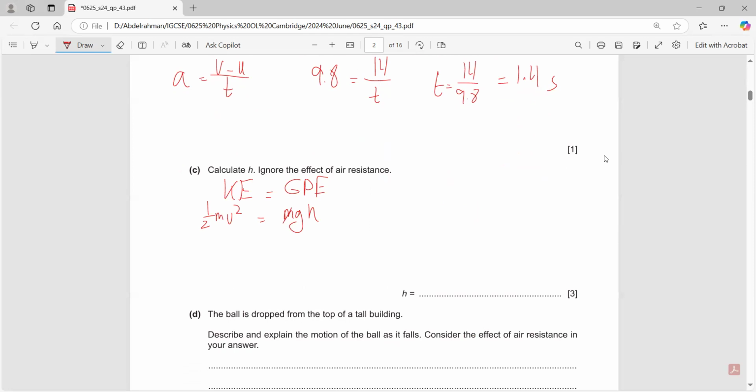If you want, you can use the mass, but I can just remove it. It would be much easier. So half 14 squared equals g, which is 9.8, times height. Height would be 14 squared divided by 2 times 9.8. That is 10 meters exactly.